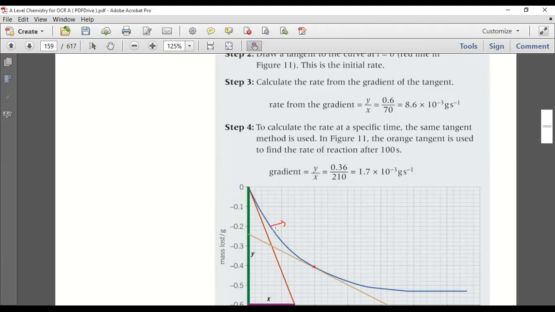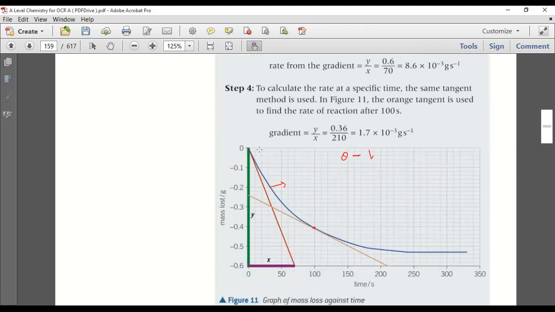So on the y-axis, it is 0 minus -6, so it will become 6. And from this to this position, it is at t equal to 70. So 0.6 by 70 is equal to 8.6 times 10 power minus 3 gram per second. This is the rate of reaction.